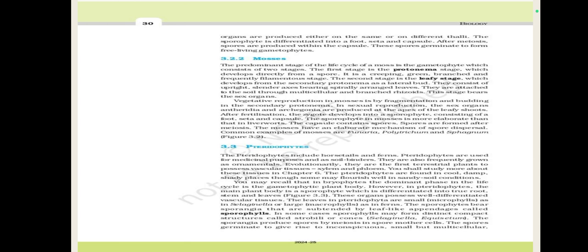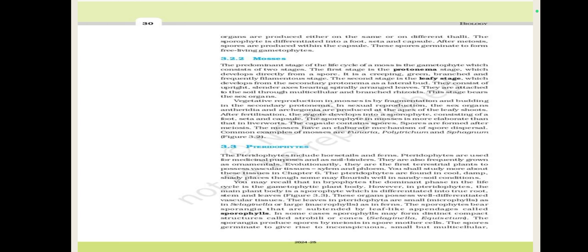You may recall that in bryophytes the dominant phase in the life cycle is the gametophytic plant body. However, in pteridophytes, the main plant body is the sporophyte, which is differentiated into true root, stem, and leaves.